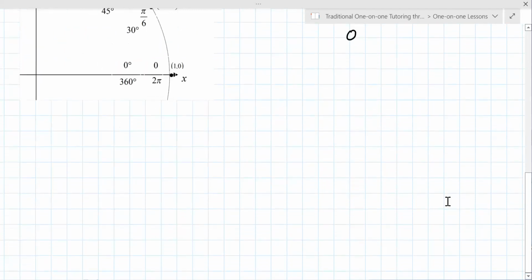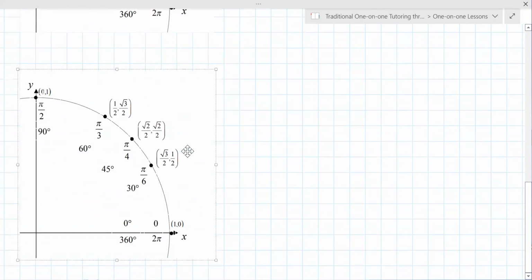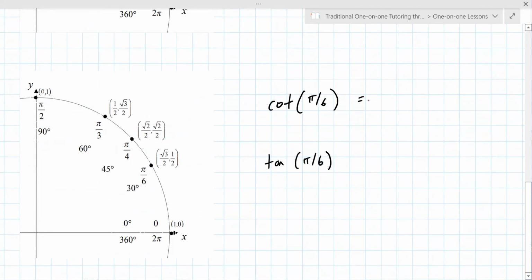Okay, great. So the other thing that we started talking about were the reciprocal functions. For example, the cotangent of pi over 6. To do this, you first need to figure out what is tangent of pi over 6, because cotangent is the reciprocal of tangent.